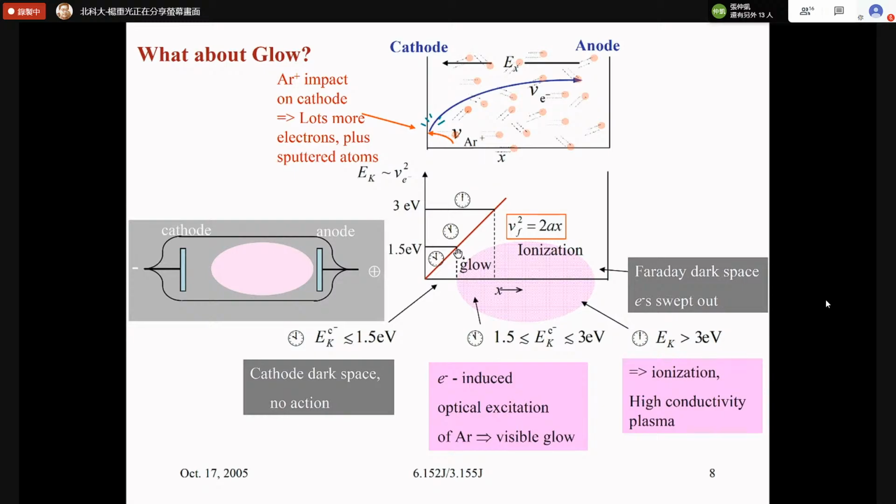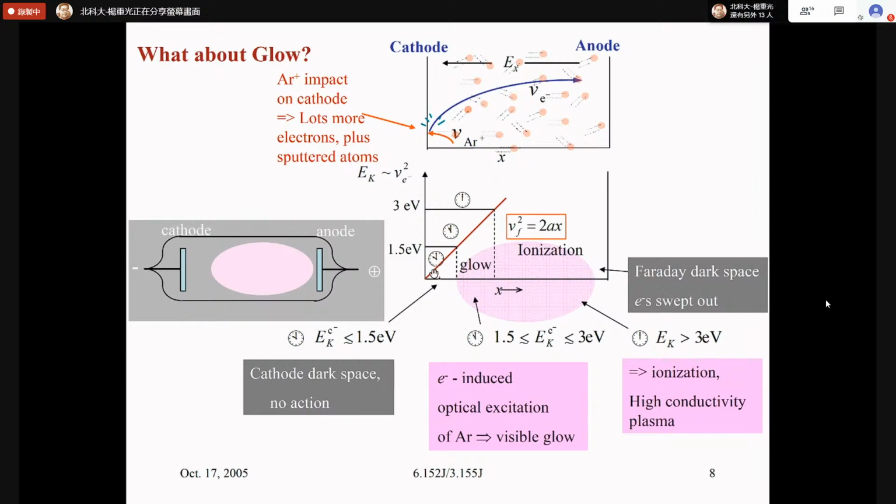At about 1 point something electron volts, you start getting a glow, and as the kinetic energy keeps increasing, you go from glow to ionization. This whole region is the glow.